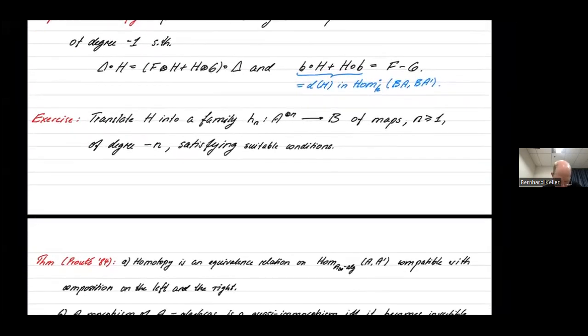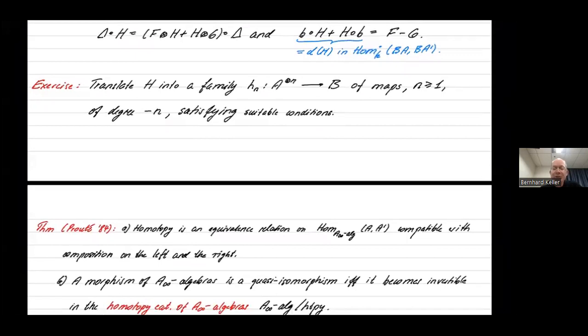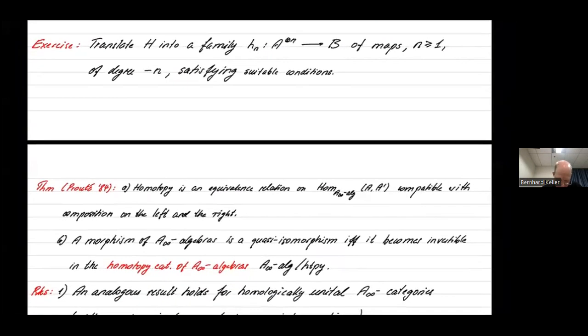And then the somehow surprising theorem is that homotopy gives us an equivalence relation on the set of A-infinity algebra morphisms from A to A prime, which is compatible with composition on the left and on the right. This is not obvious at all.